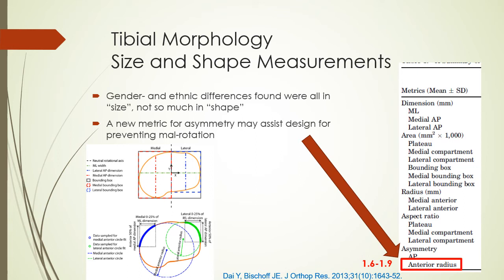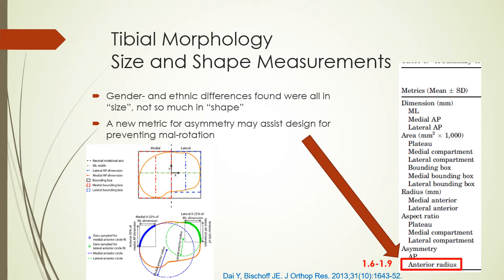And also, people are always talking about gender and ethnic differences. That's why this particular paper took an approach to comprehensively assess the gender and ethnic difference between male, female, between Asian, Caucasian, and how those factors are impacting a lot of measurements, either dimensional, size, shape of the tibial resection contour.